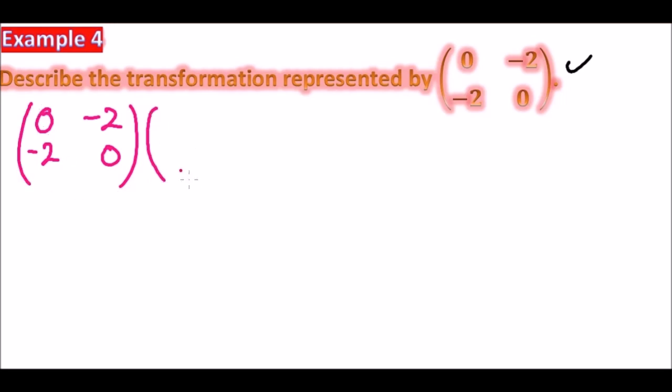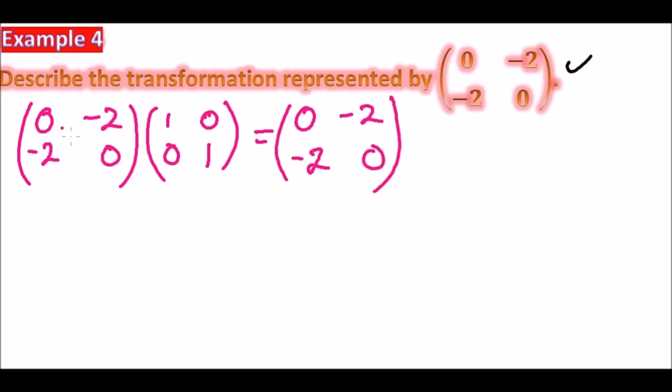When you multiply this by 1, 0, 0, 1, you will get the same matrix: 0, minus 2, minus 2, 0. I hope you understand. So we are multiplying: 0 times 1 is 0, minus 2 times 0 is 0, so 0 plus 0 gives 0.